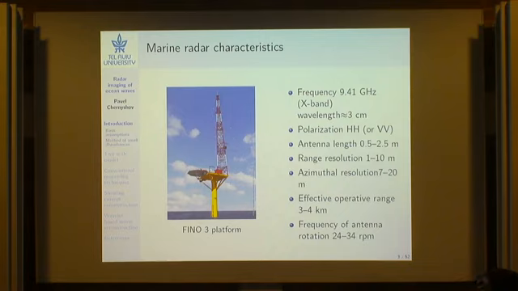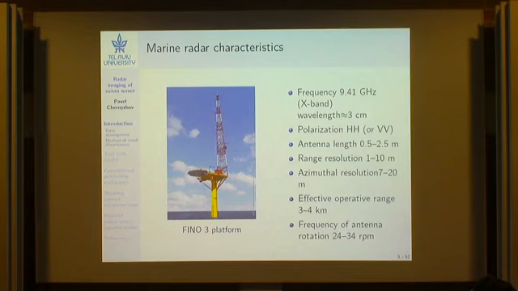Let's understand what X-band actually means. X-band is a frequency of roughly 10 gigahertz, which corresponds to a wavelength of 3 centimeters. Polarization for transmit and receive could be HH, VV, or cross polarization like HV or VH. Antenna length also varies.